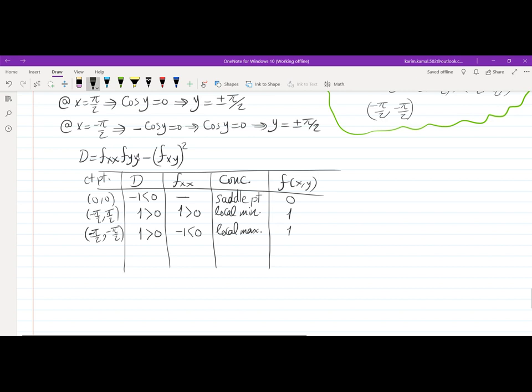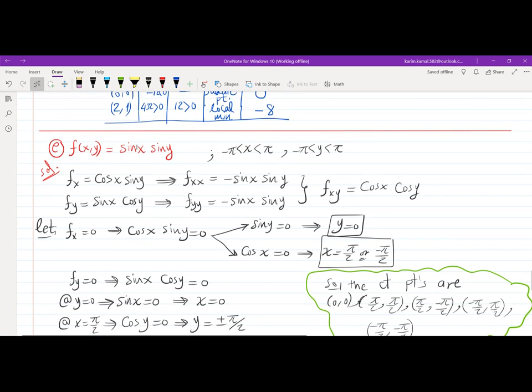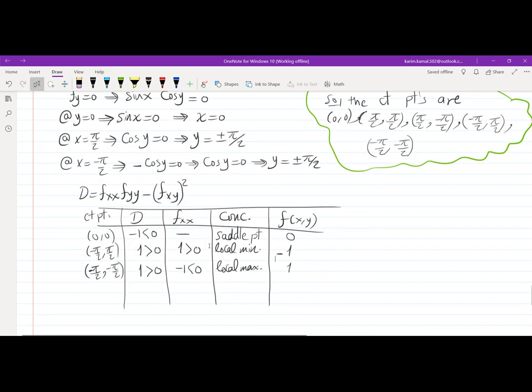So this value will be negative 1, sorry. If we substitute with x and y, x is negative y over 2 in the basic function, it will be negative 1 times 1, and then local maximum.